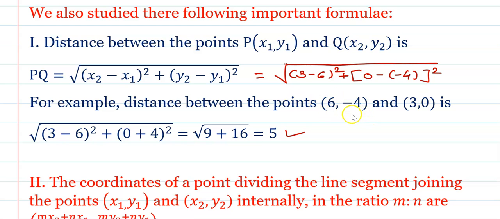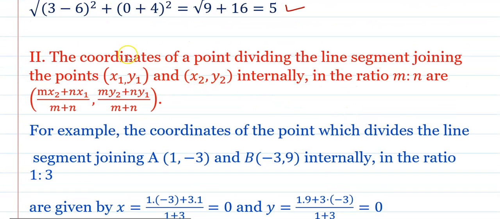Now the next: the coordinates of the point dividing the line segment joining the points (x1, y1) and (x2, y2) internally in the ratio m to n are (mx2 plus nx1) upon (m plus n) and (my2 plus ny1) upon (m plus n). Suppose these are the two points, A and B, and there is another point which divides the line segment in the ratio m to n.